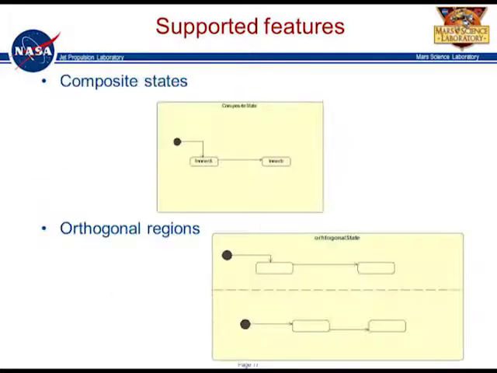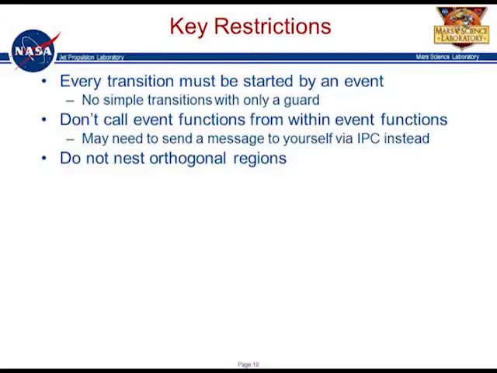As I said before, we support composite states, which is basically states within a state, and also orthogonal regions. These are two state machines within a state that can run in parallel. I'll talk a little bit more about that later, some restrictions on that. So we impose some of our own restrictions here to help us with the code generation.